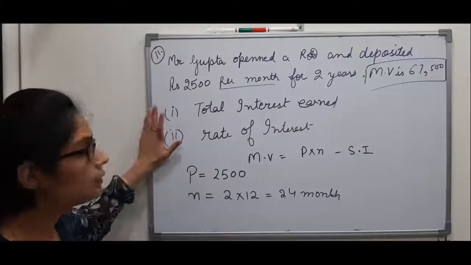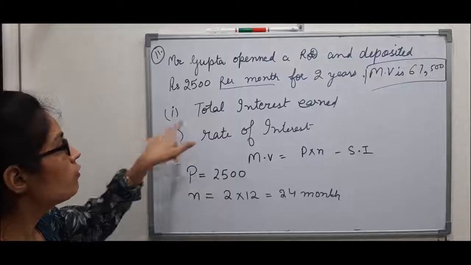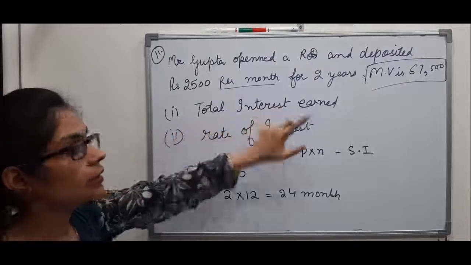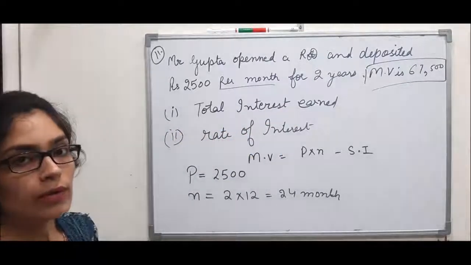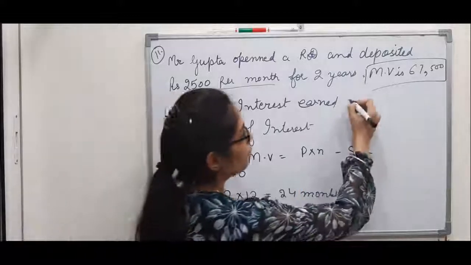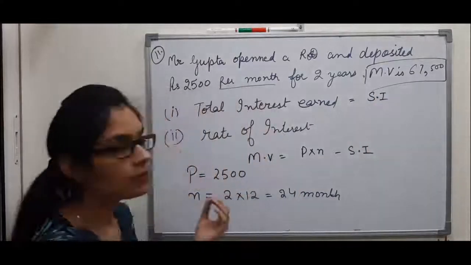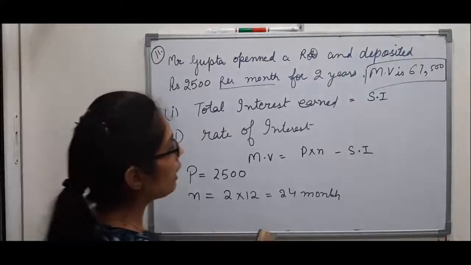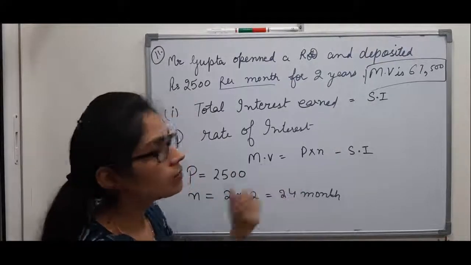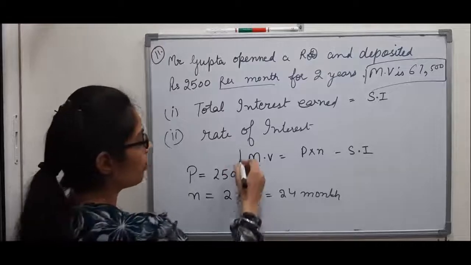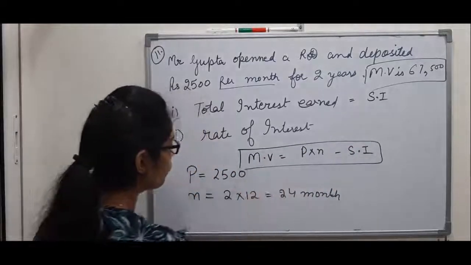So two parts are there of this question. First part is find interest earned. Interest earned means you have to calculate simple interest. This is a little bit different. See how to calculate interest. Now we can directly calculate interest from our MV, maturity value.